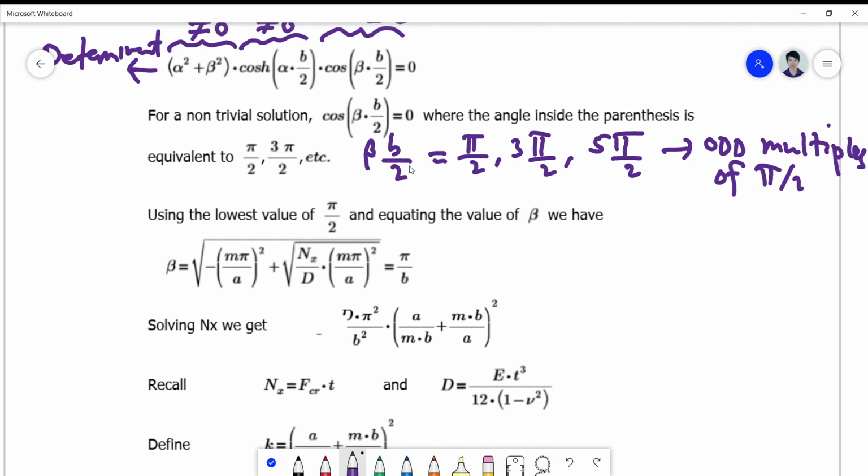If we equate now the value of beta here, we get this equation.